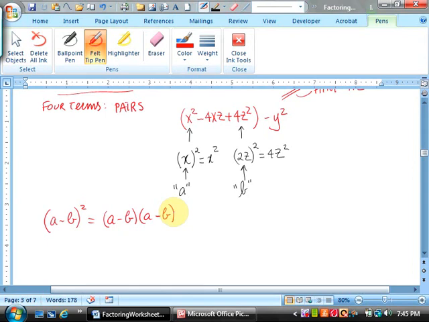A times A is A squared. A times minus B is minus AB. Then I have minus B times A, it's minus AB again. And minus B times minus B is plus B squared. So this is A squared minus 2AB plus B squared. But look, for our purpose solving this problem, we only need the model.